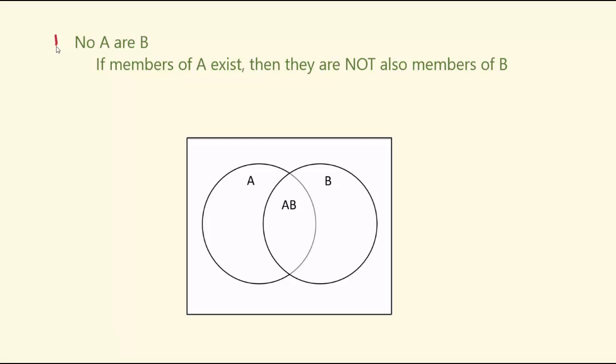And so this shows that all A's are B's. Next we have our E proposition, no A are B. And remember, this tells us that if members of A exist, then for any of those members, they are not also a member of B. So what we're saying then is that our categories of A and B are completely separate from each other.